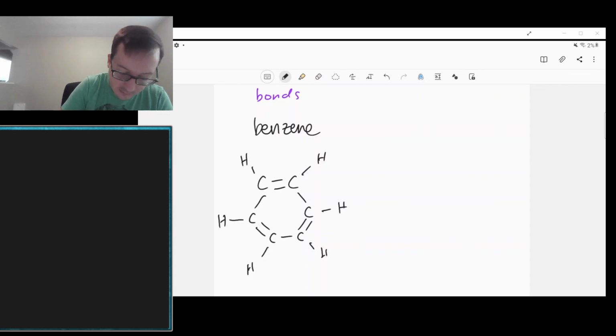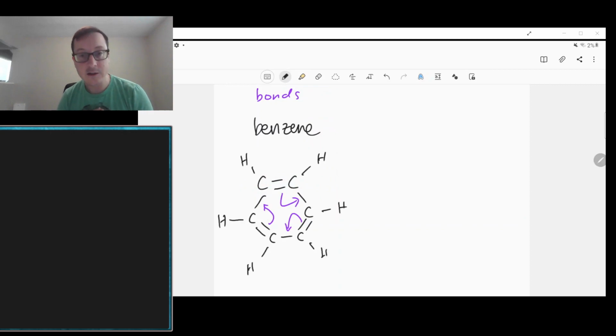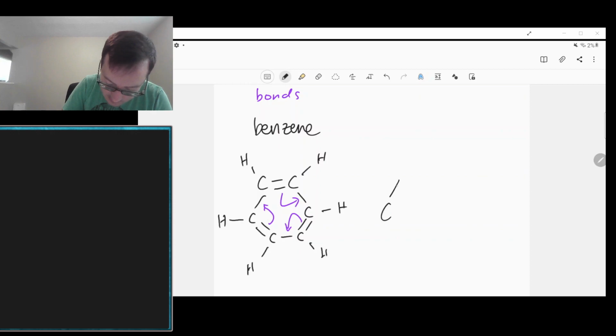And it turns out this thing resonates like crazy, continuously. We're going to see that these double bonds can move around. I'm using these arrows, by the way, to show how I'm moving the electrons in the resonance. This is something we do in OChem, so I'm just putting it in your heads. We're not going to really worry about the arrow pushing right now in Gen Chem, but this is how we're seeing that we're moving this bond around.